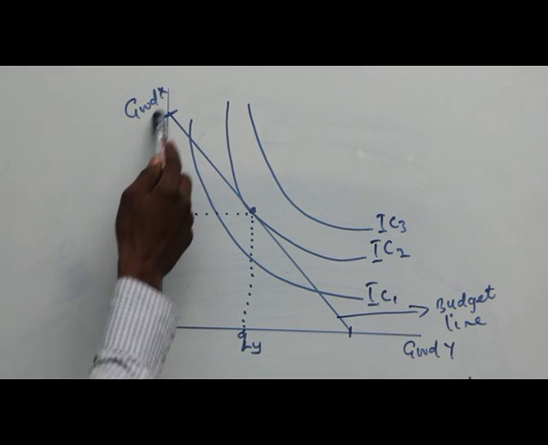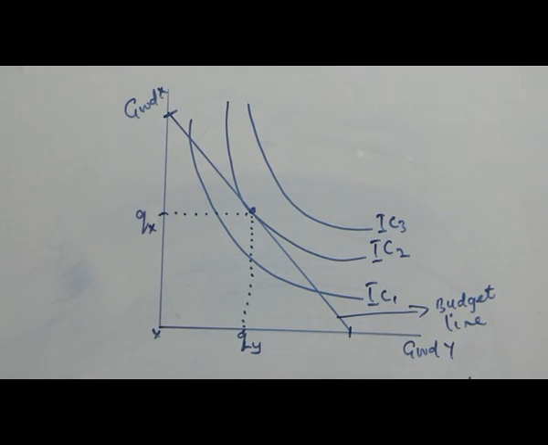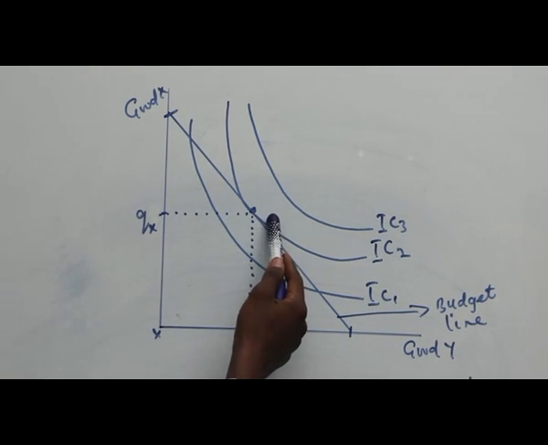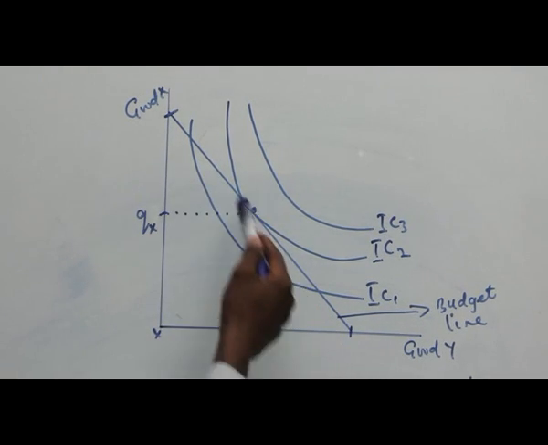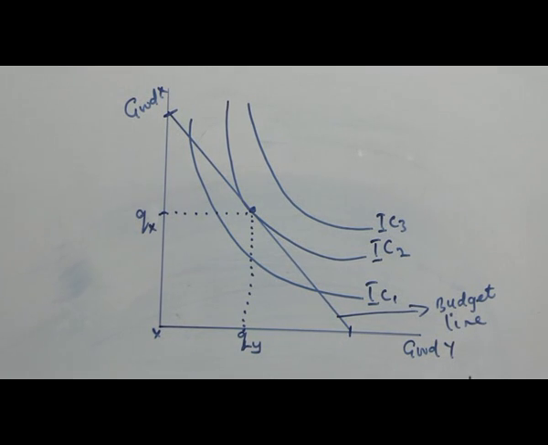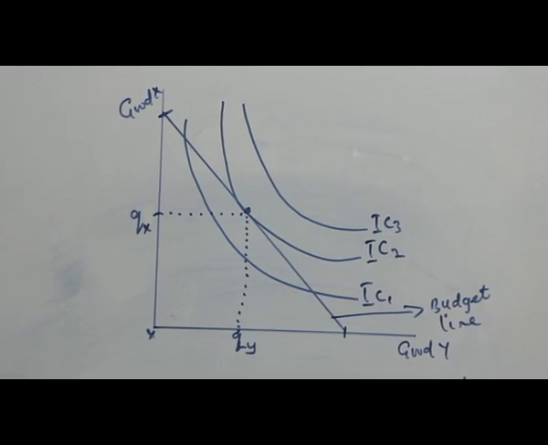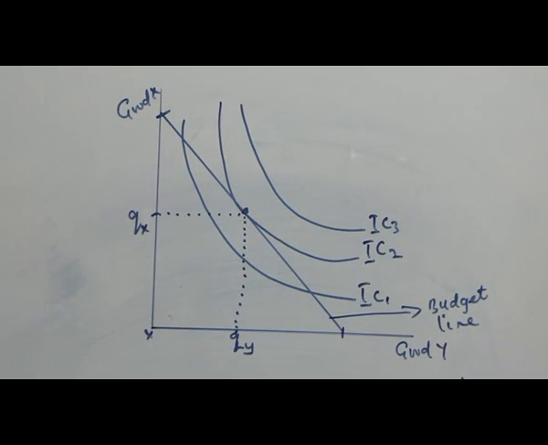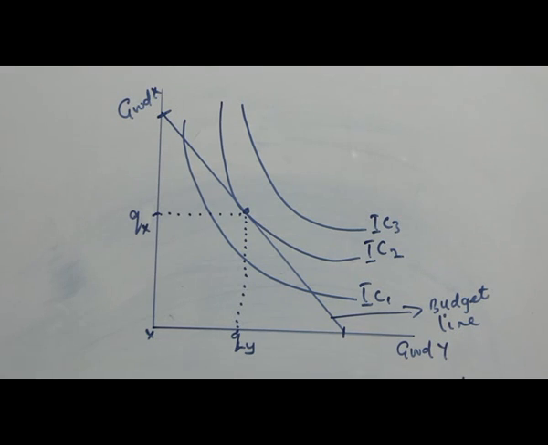Now we have good X, we have good Y. You observe that the indifference curve touches the budget line, and it's telling us that at that point we have consumer equilibrium. That is a point where the consumer is able to have the attainable indifference curve as well as the price that he is willing to pay for the 2 commodities.